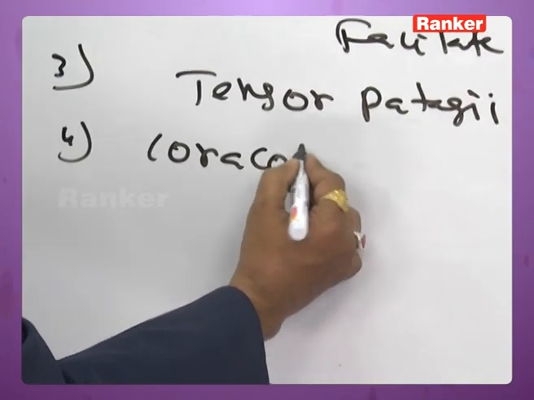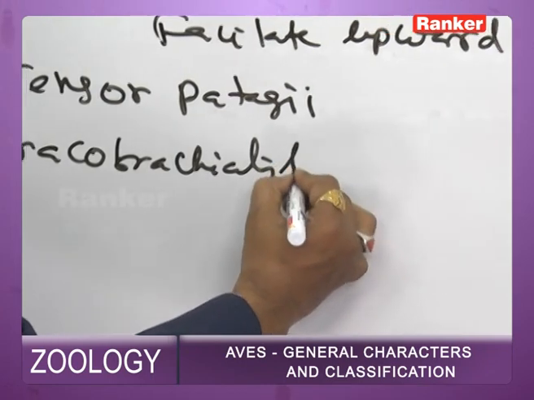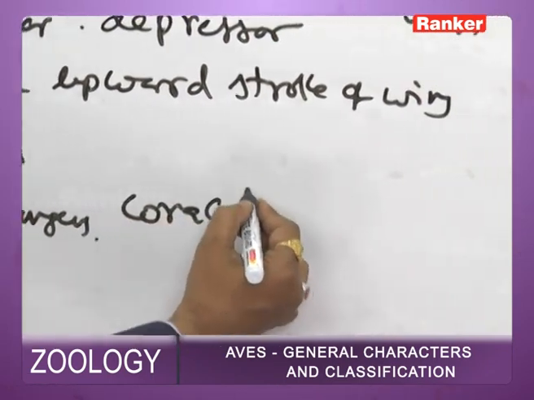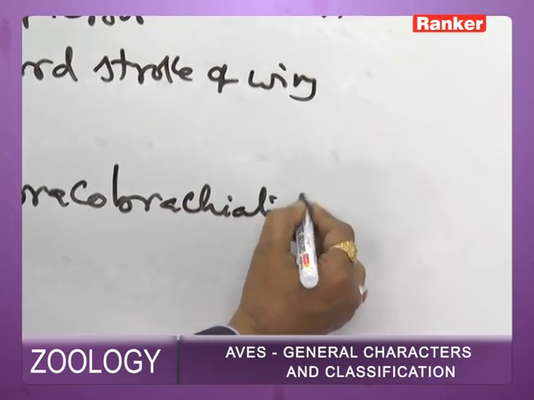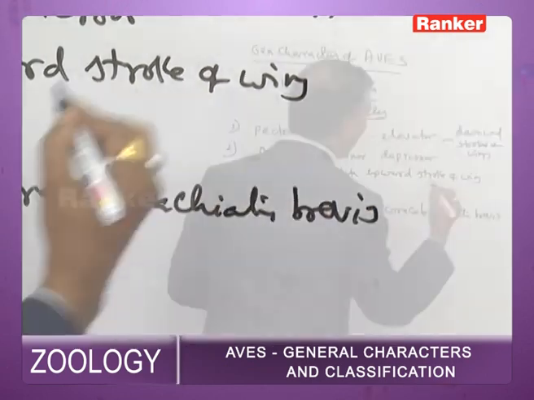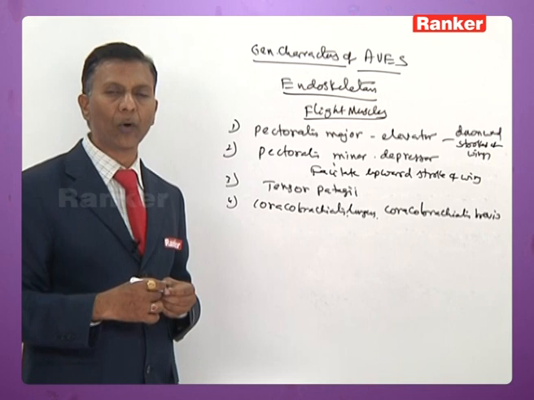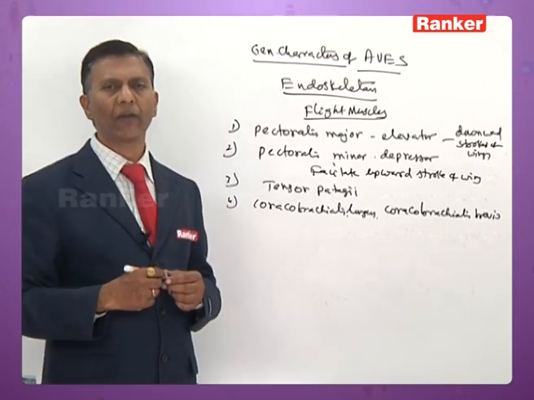Coracobrachialis longus and coracobrachialis brevis help in rotation of the wings in the glenoid cavity during flight.